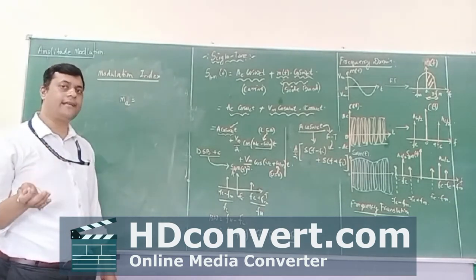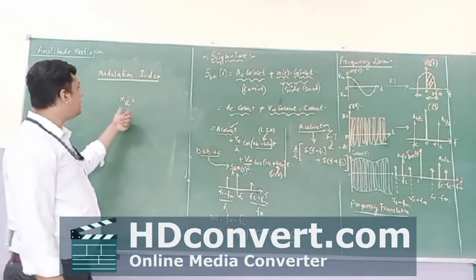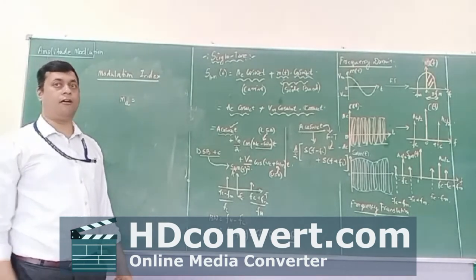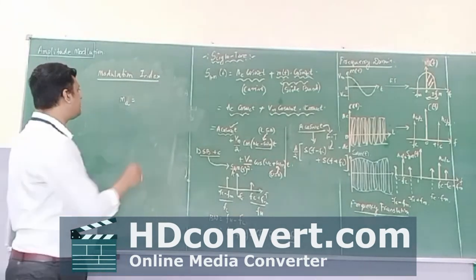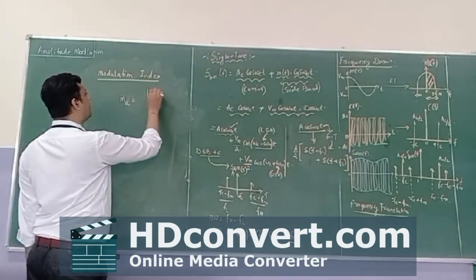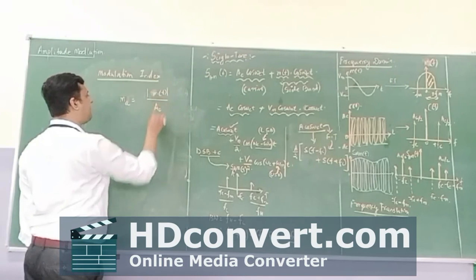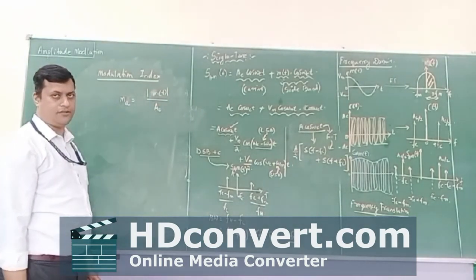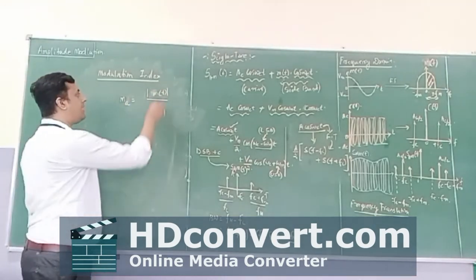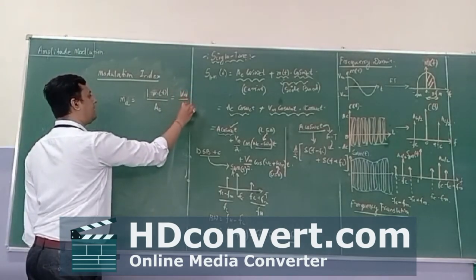It is also called the amplitude sensitivity of a particular modulator, or the depth of modulation, or degree of modulation. All the terms are the same. So modulation index itself indicates the magnitude of the modulating signal divided by the magnitude of the carrier signal. Here the m of t magnitude I can write as Vm, so Vm divided by AC.